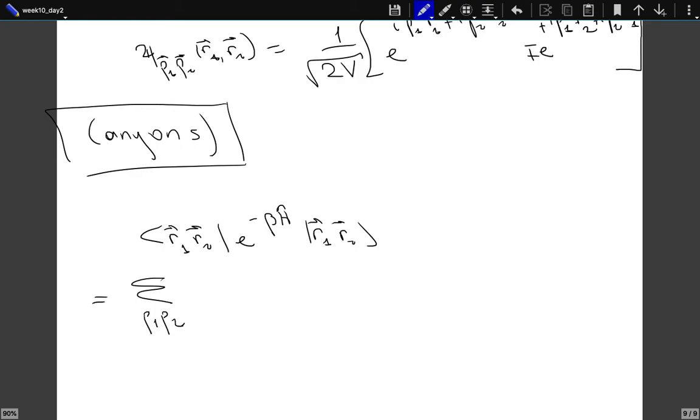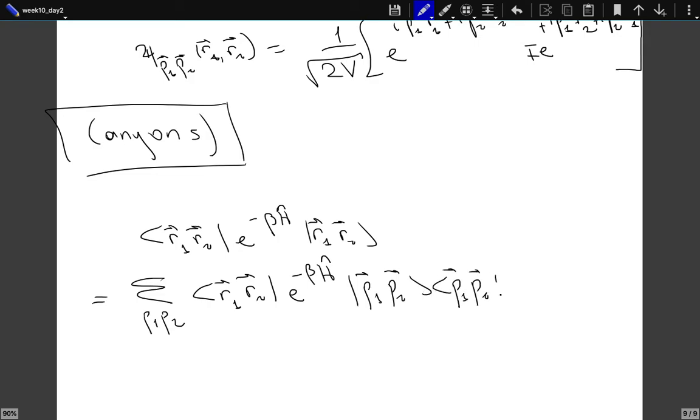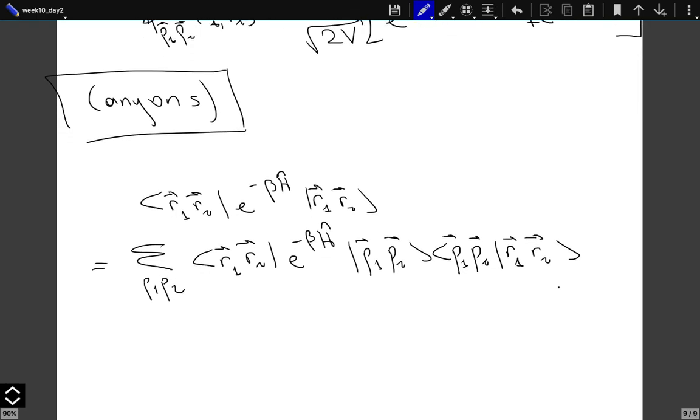Since I have the Hamiltonian over here, I use the eigenvalues of the Hamiltonian, which will simplify my computation. So it's <R1, R2|P1, P2> e to power minus beta H <P1, P2|R1, R2>. I'm looking at the diagonal entries.